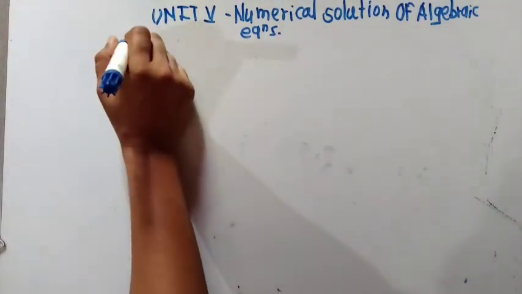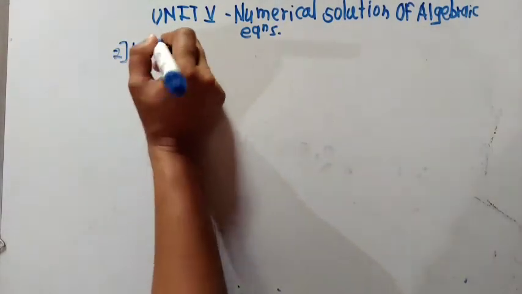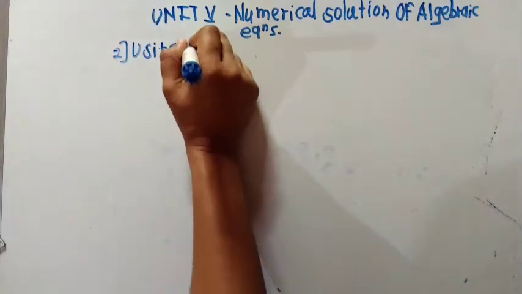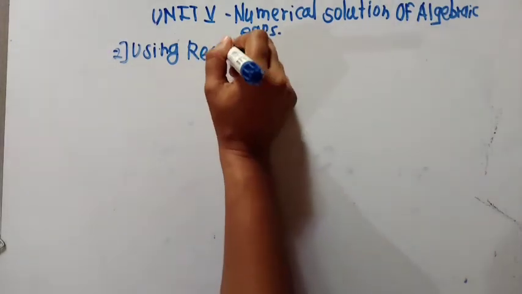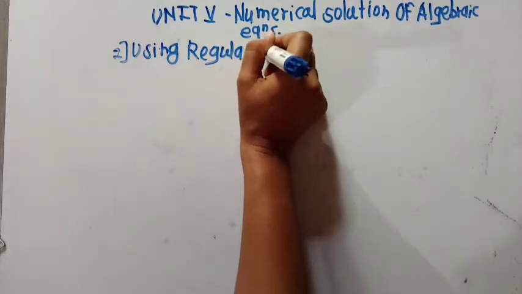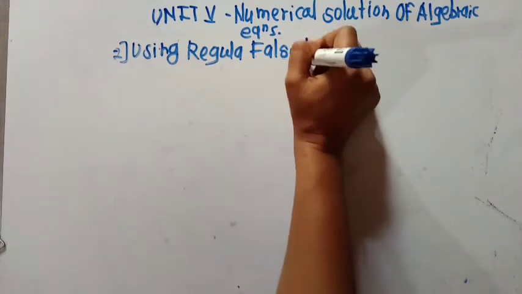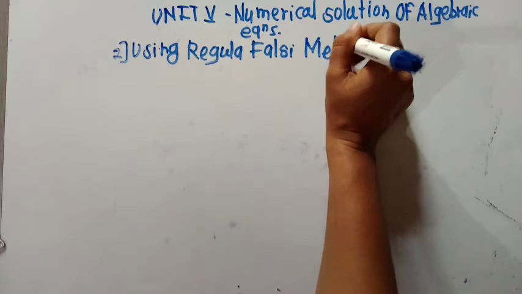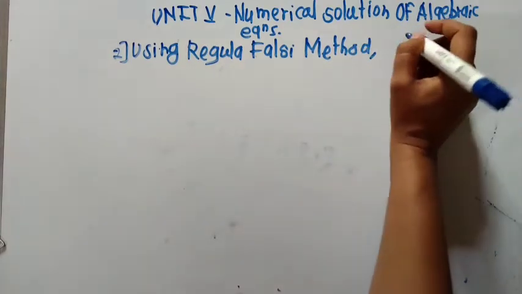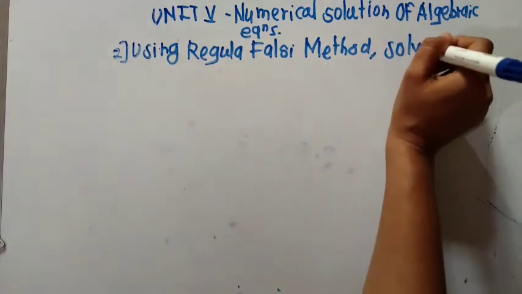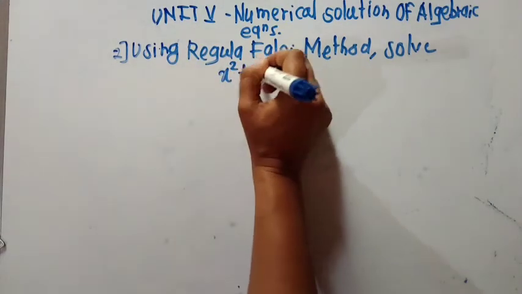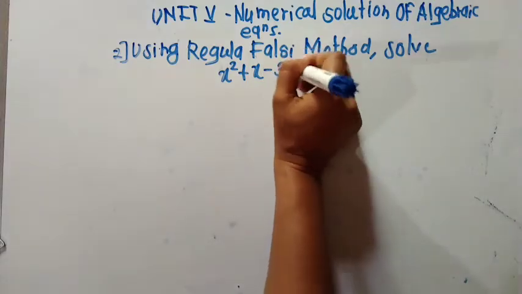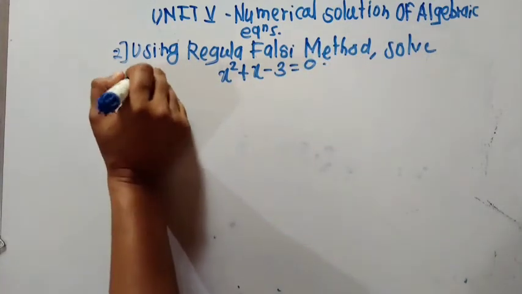Then second example, using Regula Falsi Method, solve x squared plus x minus 3 equal to 0.